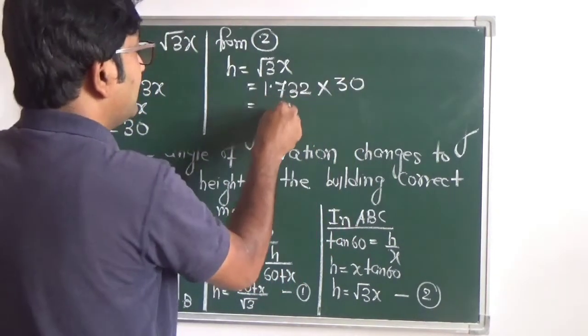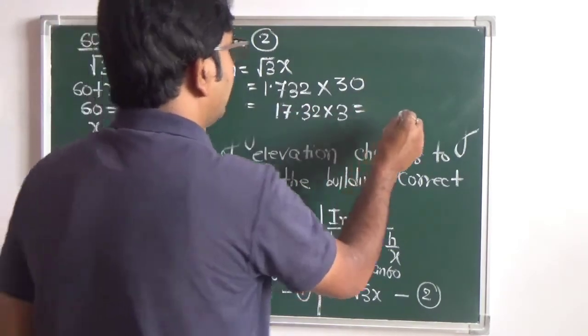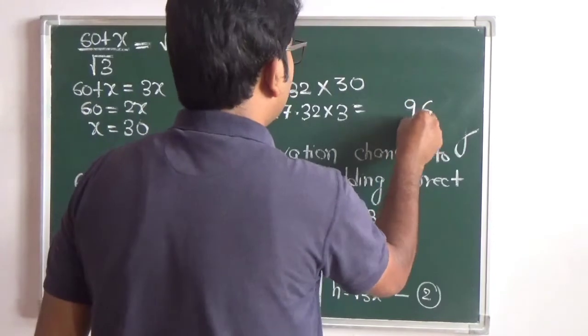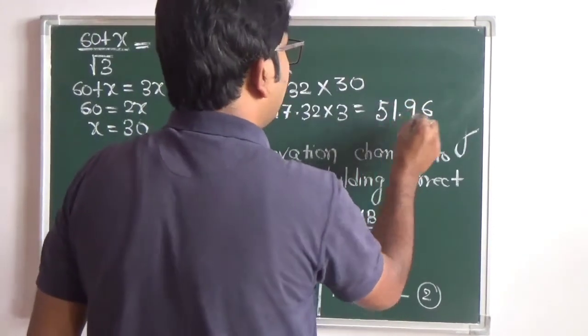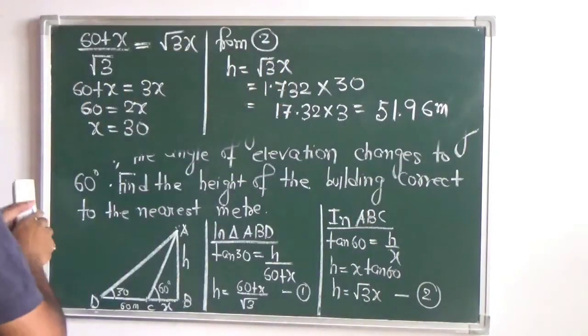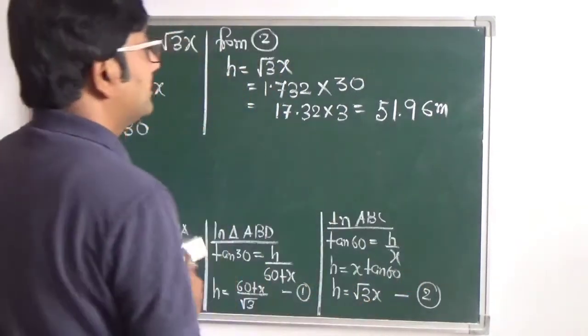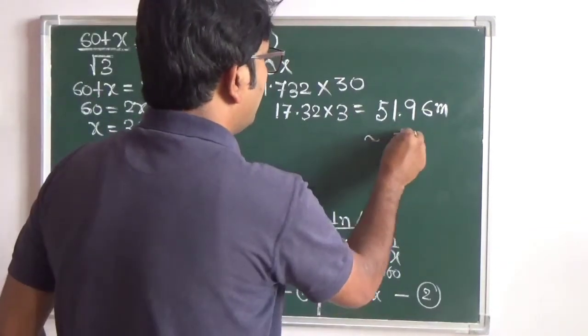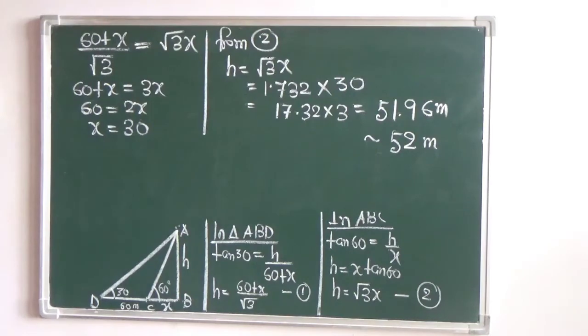So we have 1.732 into 30, which is 51.96 meters, and to the nearest meter, that becomes 52 meters. So the height of this building is 52 meters.